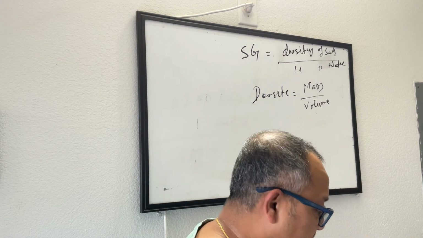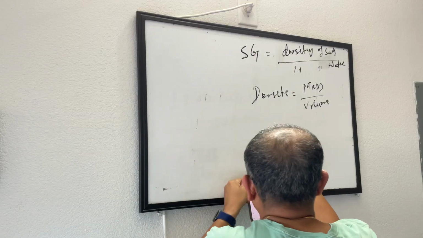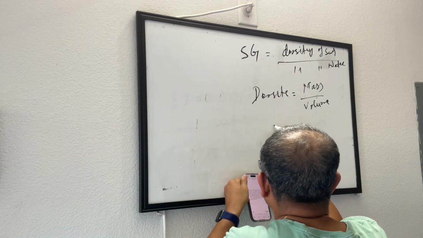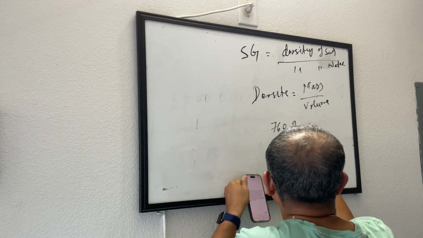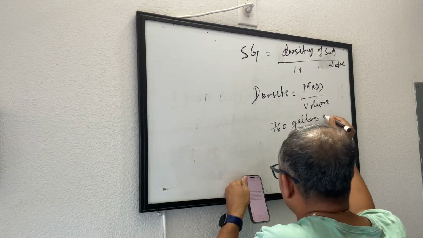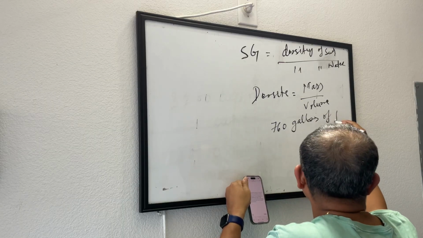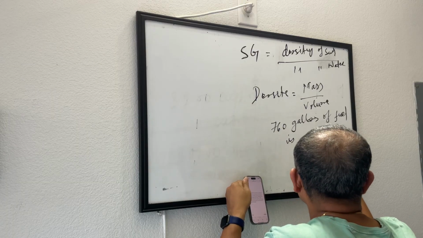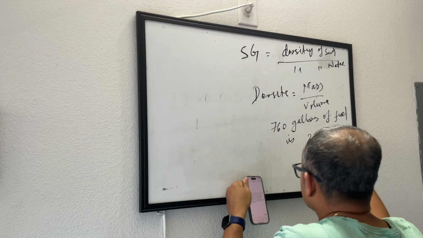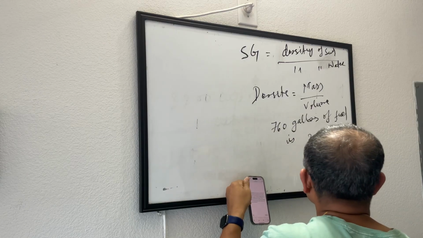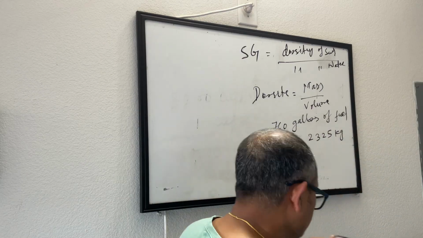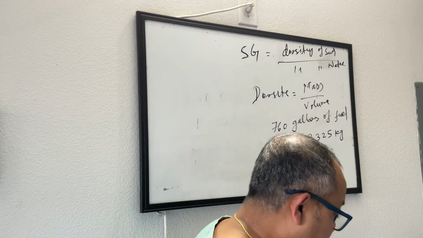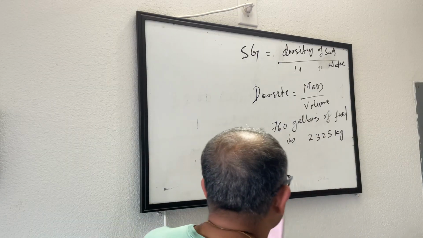The mass of 760 gallons of fuel is 2325 kilograms. A single gallon of water has a mass of about 3.8 kilograms.